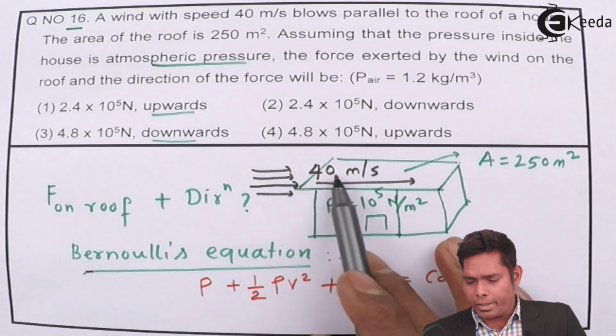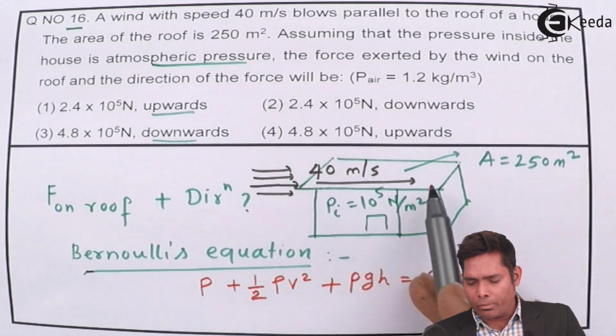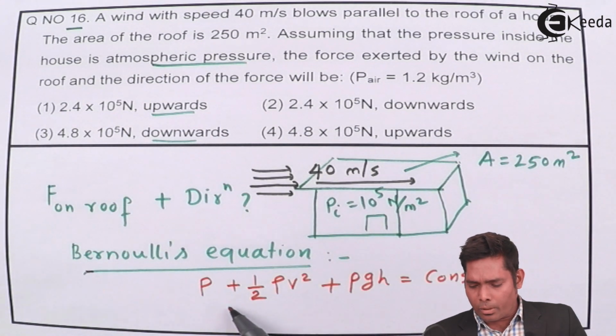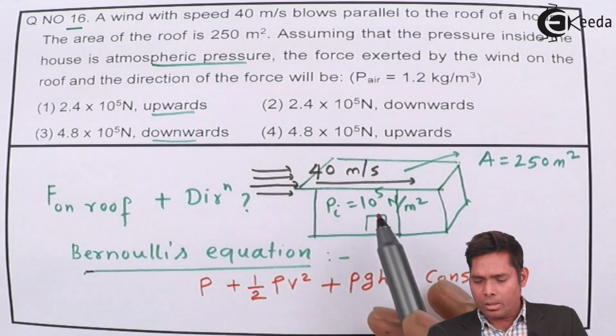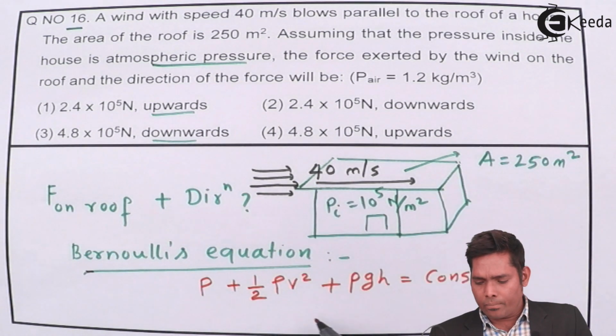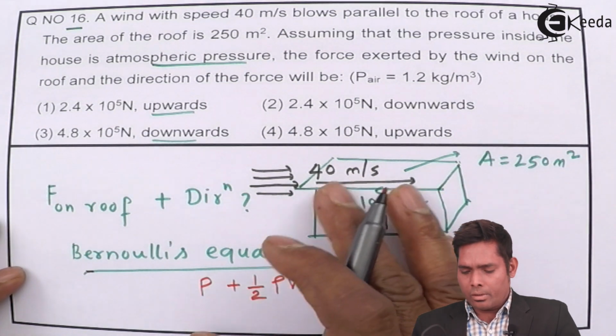So for this ideal fluid, I assume that it's a streamline flow, so I can use Bernoulli's equation: pressure plus half rho v square is constant at any cross section.